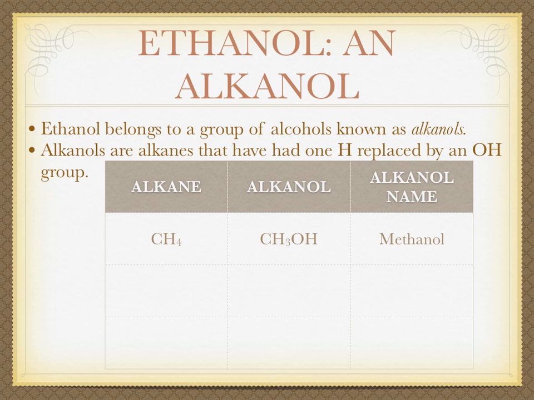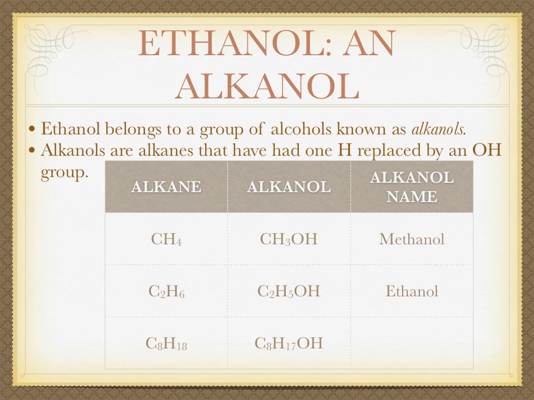You name it methanol. Here is ethane. Ethane has an easy translation into ethanol when we replace an H with an OH, and so we call it ethanol. Here's another one, octane.